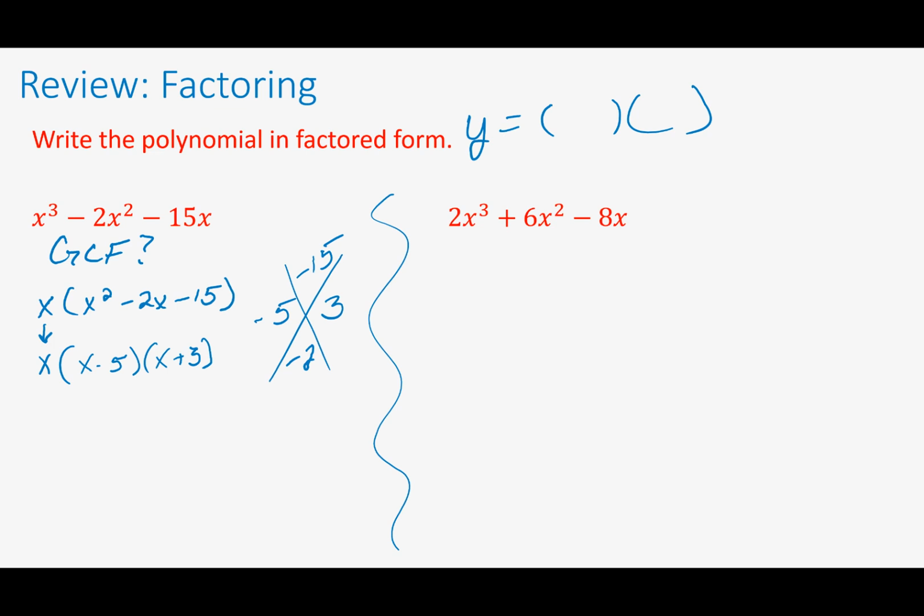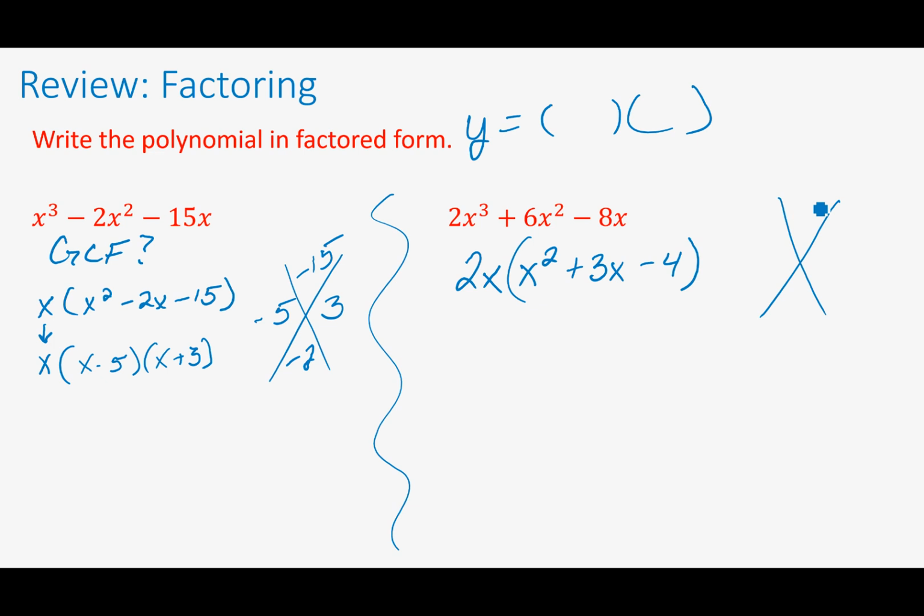Okay, the one on the right, 2x cubed plus 6x squared minus 8x. What would my greatest common factor of that be? 2x, because 2 is a number I could factor from every single coefficient, and I could also take out an x. So again, I'm trying to rebuild: 2x times x squared is equivalent to x cubed, plus 3x, because 2x times 3x is 6x squared, minus 4.